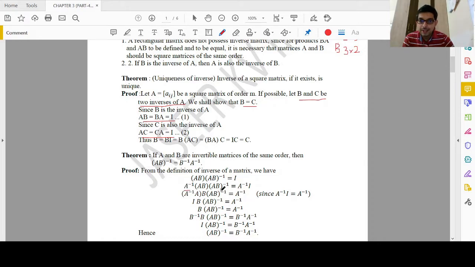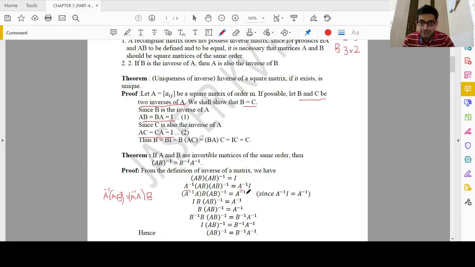Now multiply both sides, LHS and RHS of the first equation, with A inverse. Again using the associativity of matrix multiplication, A inverse into AB can be written as A inverse A into B. So this whole equation is changed into A inverse into AB equal to A inverse A into B into (AB) inverse.